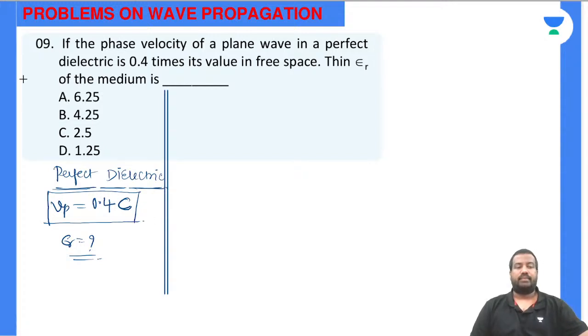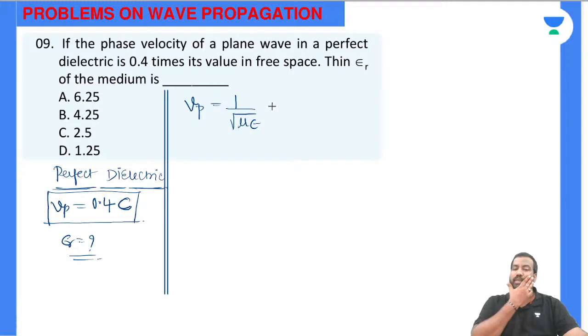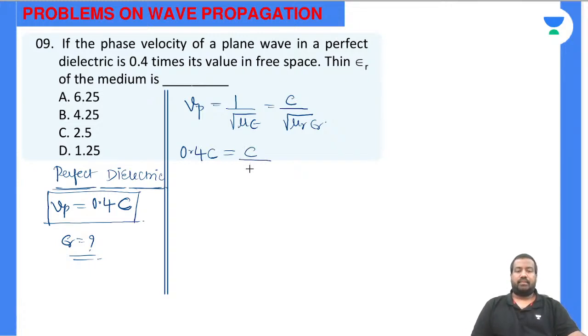Try to solve this. Given it is a perfect dielectric, Vp is 1 by under root of mu epsilon, nothing but C by under root of mu r epsilon r. Given that Vp is 0.4 times of C, 0.4 times of C is C by under root of mu r epsilon r. Mu r value is not given, so take it as 1.